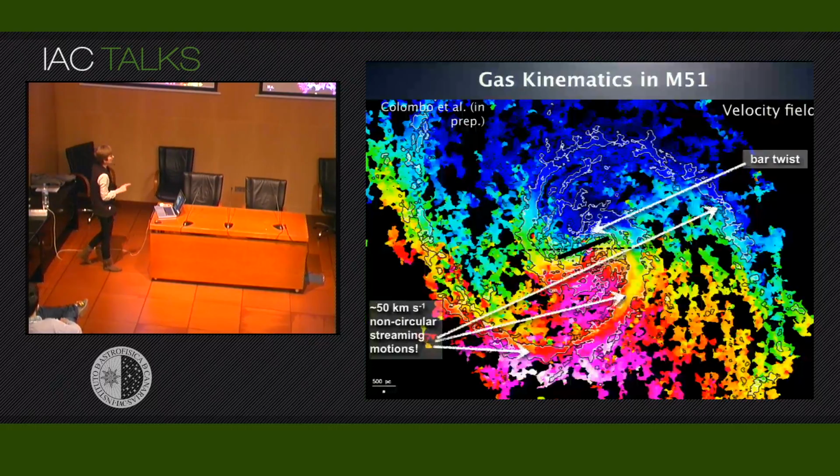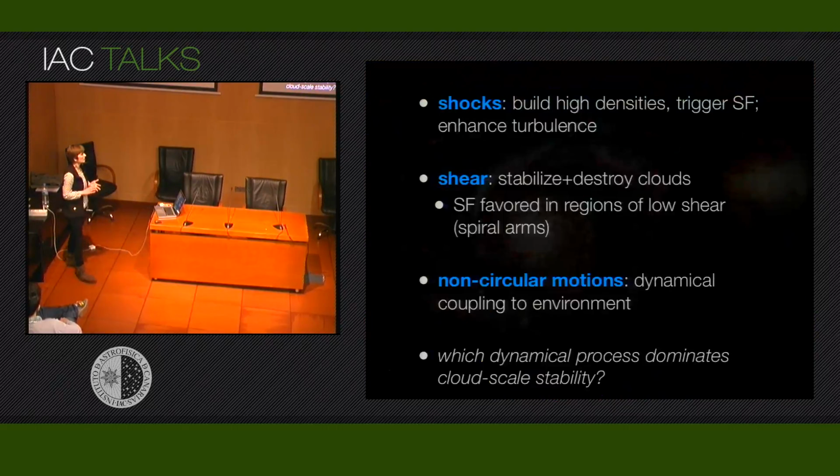In fact, we've got all of these strong non-circular streaming motions in the arm, I pointed out with arrows here and here. And we also see the influence of a nuclear stellar bar, but just focus mostly on all of these differences that we see along the arm. Now that's tracing these three characteristics of gas kinematics and spiral potentials: shocks, shear, and non-circular motions.